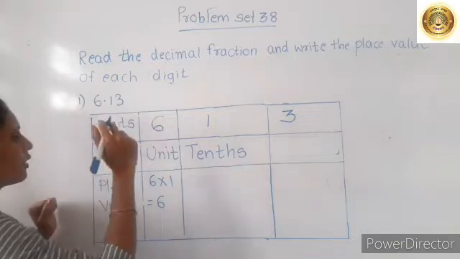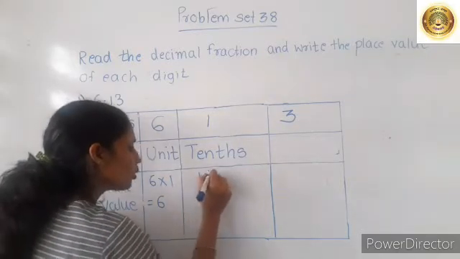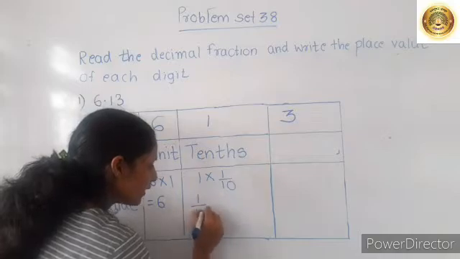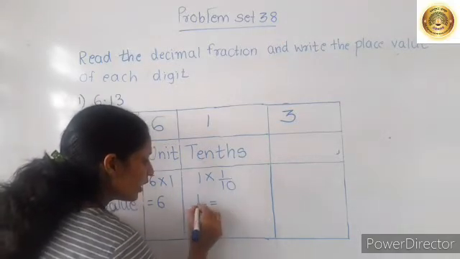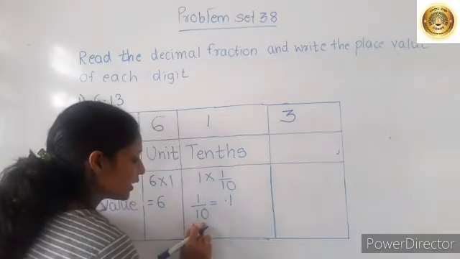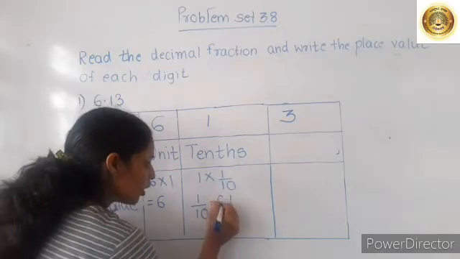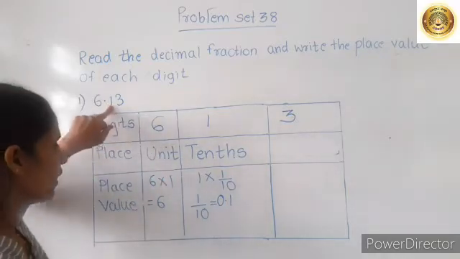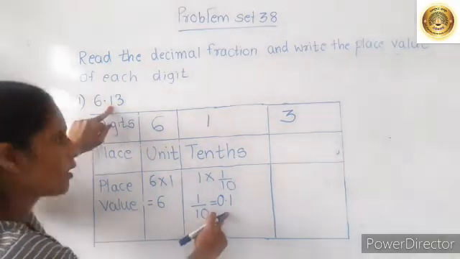So how will you write the place value? 1 into 1 upon 10, that is 1 upon 10 is equal to, here numerator 1 we will write here after the point. Now here there is 1 zero. So place value of 1 is 0.1.